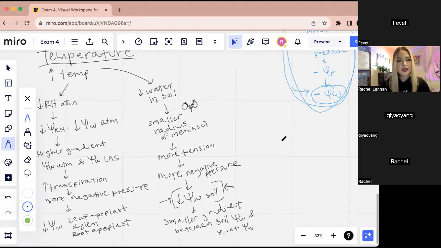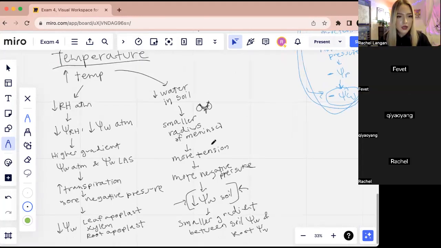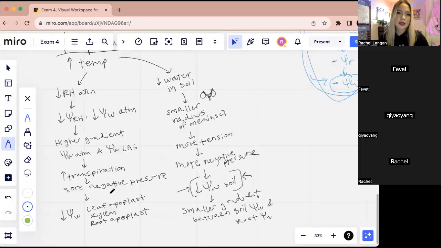So in the case of high temperatures, we get increased transpiration and more pull from the top. And we also get less water coming in from the bottom.